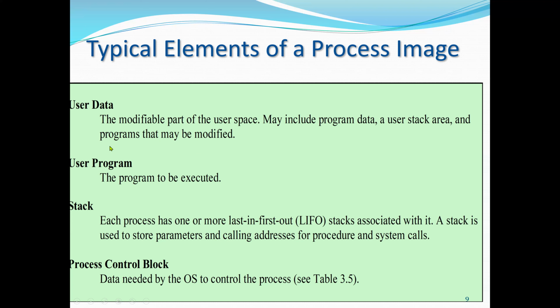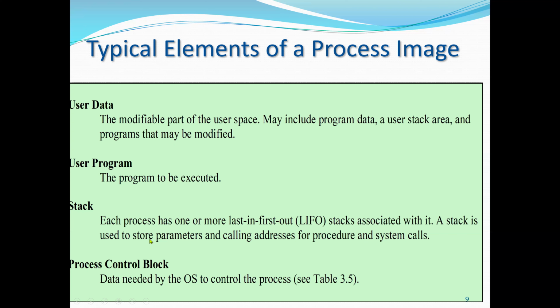The user data is the modifiable part of the user space. This may include program data, a user stack area, and programs that may be modified. And the user program, again, is the program to be executed.